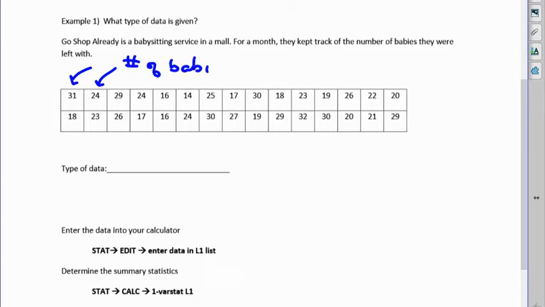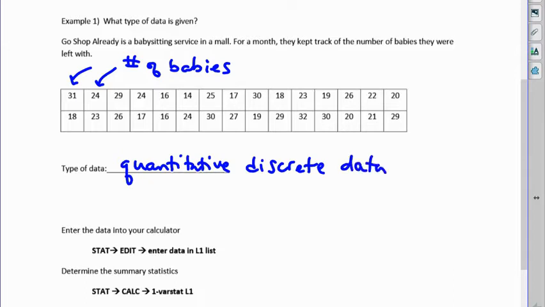What kind of data do we have? We have quantitative, discrete data. That means it will not be appropriate to do a pie chart or a bar graph or a stacked bar graph. Any of those, that's not appropriate.